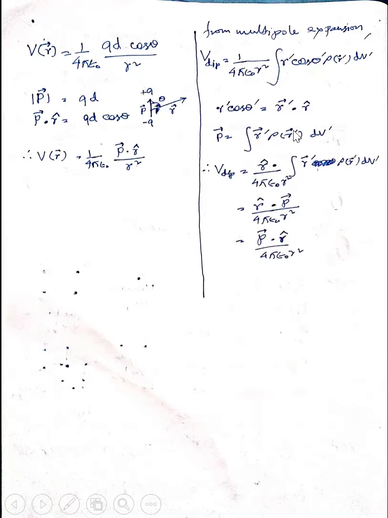So elementary charge, doing integration, I will get the total dipole moment, right? If I replace all those things here, I will finally get the same expression I got from the direct method. So simply we can say that the potential from the dipole moment is the same.